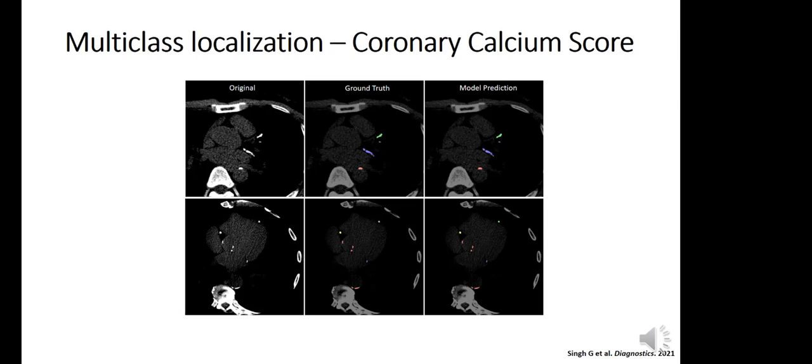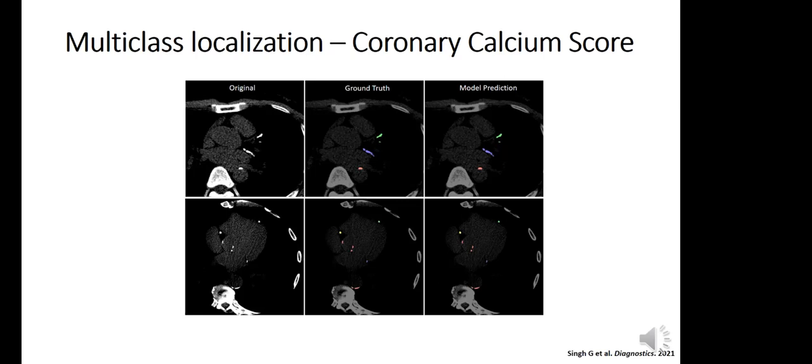The investigators were able to achieve an overall DICE score of 0.952 for the task of segmenting coronary calcium. This figure shows an example of the original image showing calcium, which is bright white, and the coronary arteries around the heart.